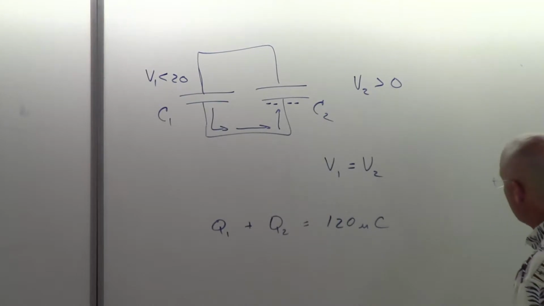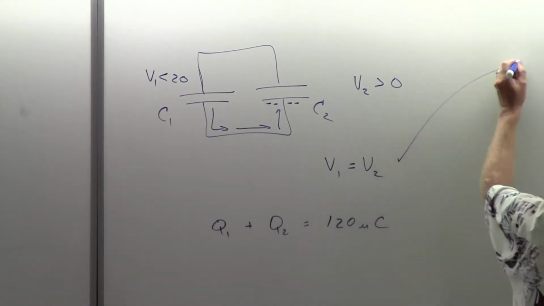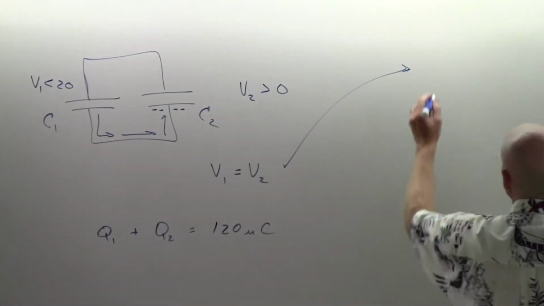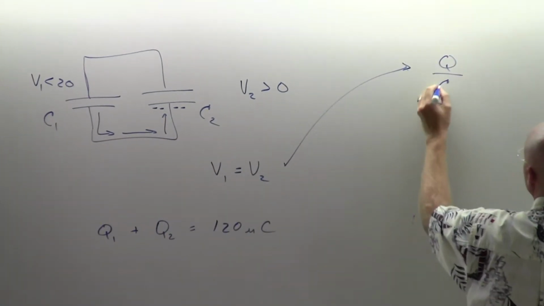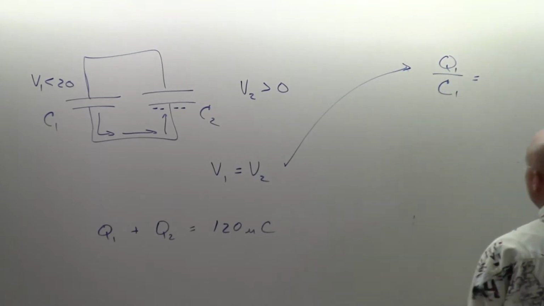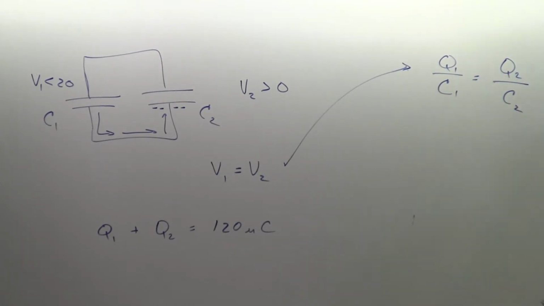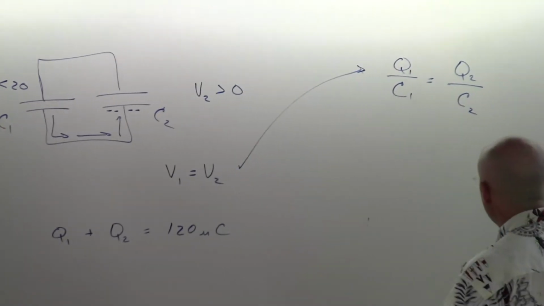Let's give it a shot here. How do you get the voltage again? Well, yeah, Q over C. Right?